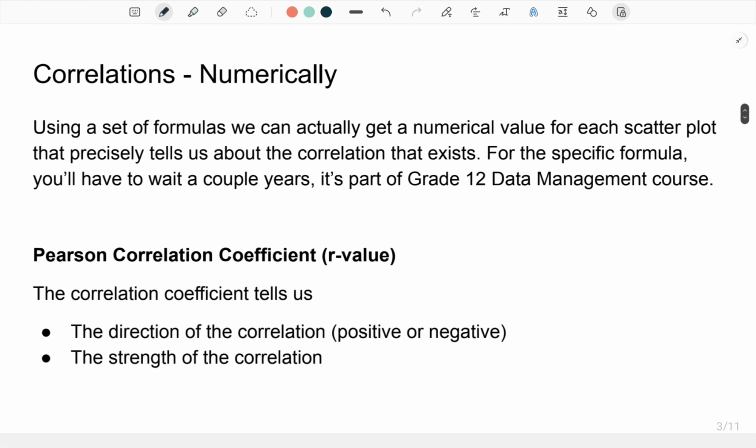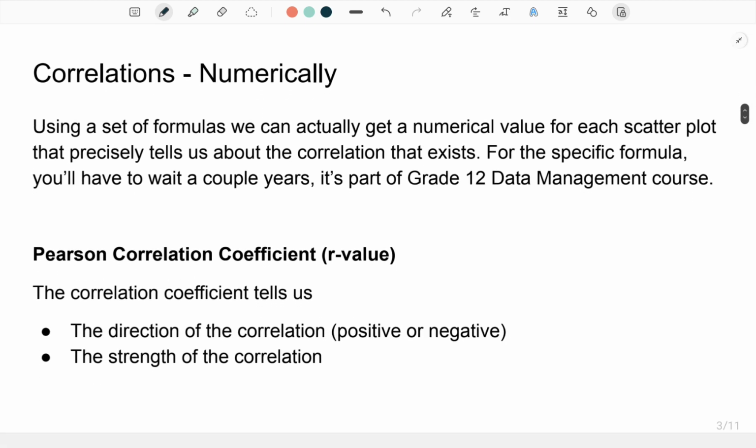All right, continuing on. What we're going to look at today is, what if you actually had a number for the correlation? And there is a way to get that number. There are a set of formulas that you can use to calculate a value for the correlation given any scatter plot. We're not going to get into the actual formula. That's part of the grade 12 data management course.